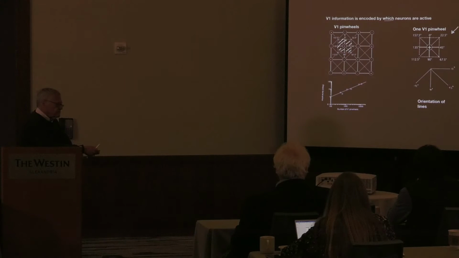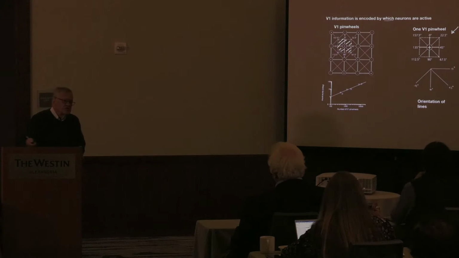So if you have a line or an edge going through this pinwheel here, and you have a line that goes like this, and maybe I can go straight like that, and then maybe it curves up like that and curves down like that, the cells up here would respond to it.